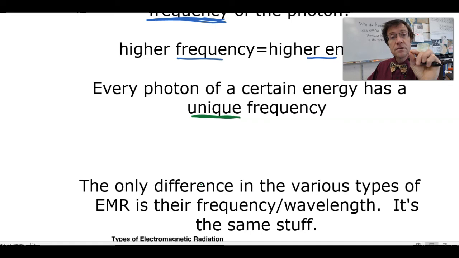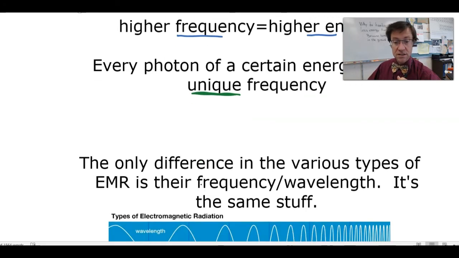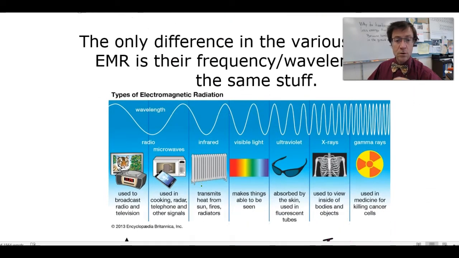And the only difference between that blue photon and the X-rays we use to look at our bones is the amount of energy, or the frequency, of that photon. It is all the exact same thing, just different energies. Okay? So that's what I'm trying to say here.